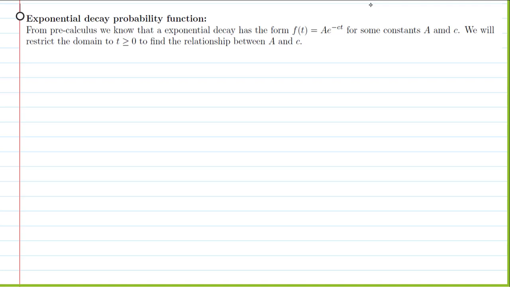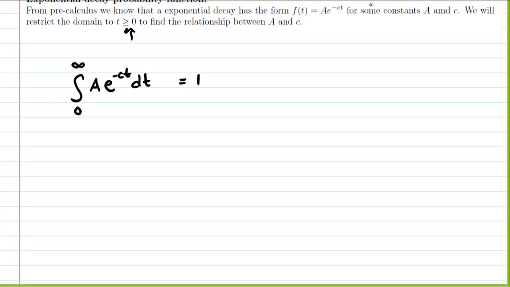So we're going to do pretty much the same thing you guys just did, but now instead of going from negative infinity to infinity, we're going to be using the interval t greater than or equal to 0. So we're going to have the integral from 0 to positive infinity of a times e to the negative ct dt, and we want this to equal 1.